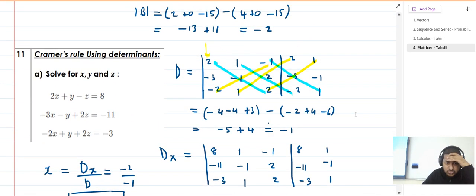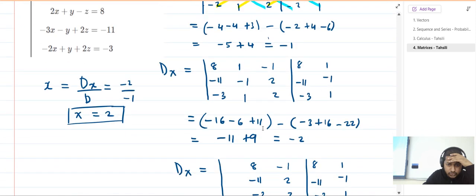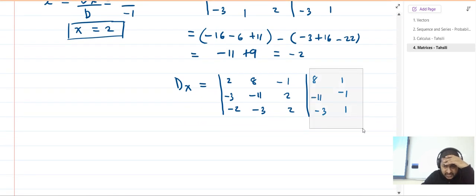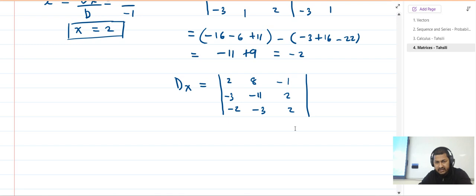So I substituted 8, 11 and -3 into the second column, right? So 2, -3, -2 needs to remain there. 2, -3, -2. And you know what to do? You need to extend the first two columns on the outside. I'm just going to copy and paste.